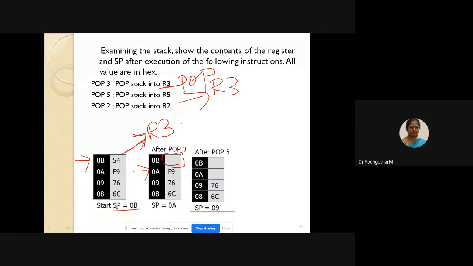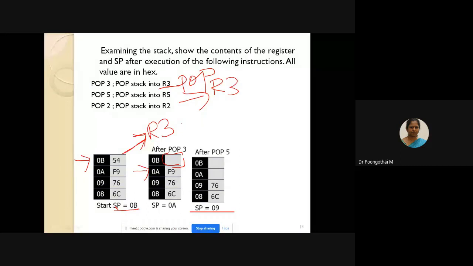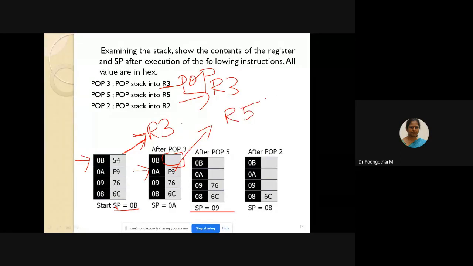What will be the content of your R5 after execution of POP5? F9, ma'am. Yes, F9 is popped into R5. And next, POP2: 76, ma'am, popped into R2.